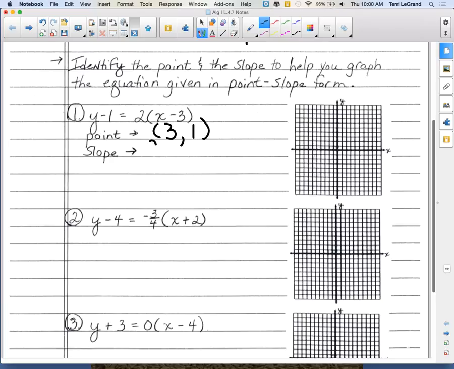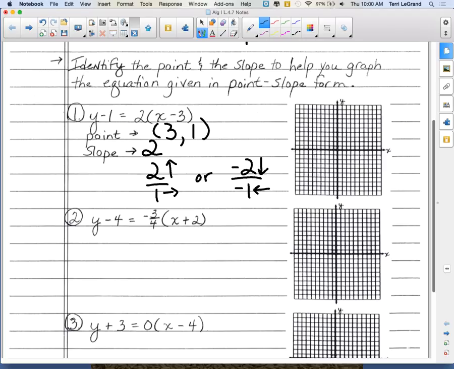All it takes is 1 point and the slope to help us make other points, and we can graph this. How can we treat that 2 as slope, rise over run? 2 over 1, which is up 2, right 1, or the other way, negative 2 over negative 1, which is down and left.